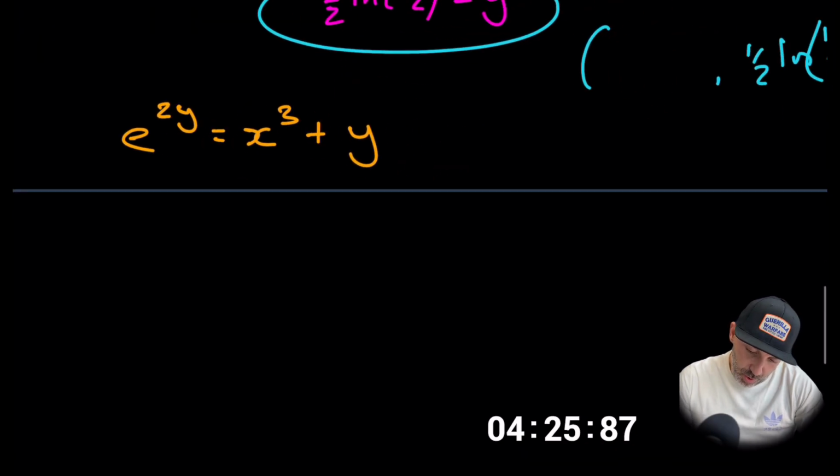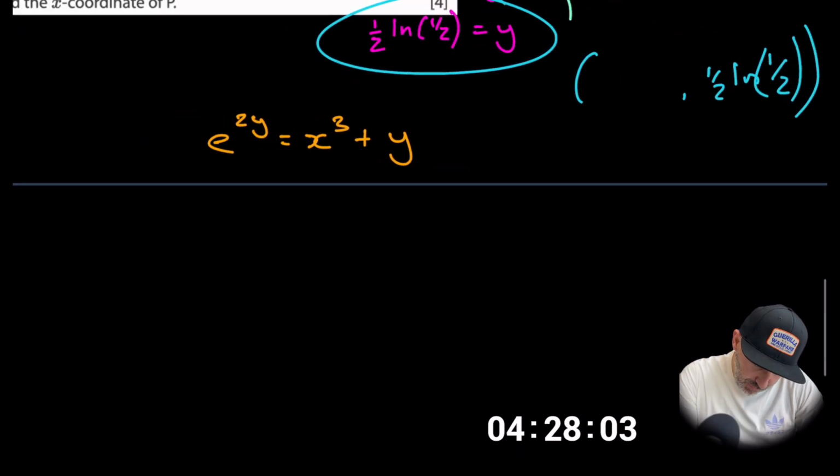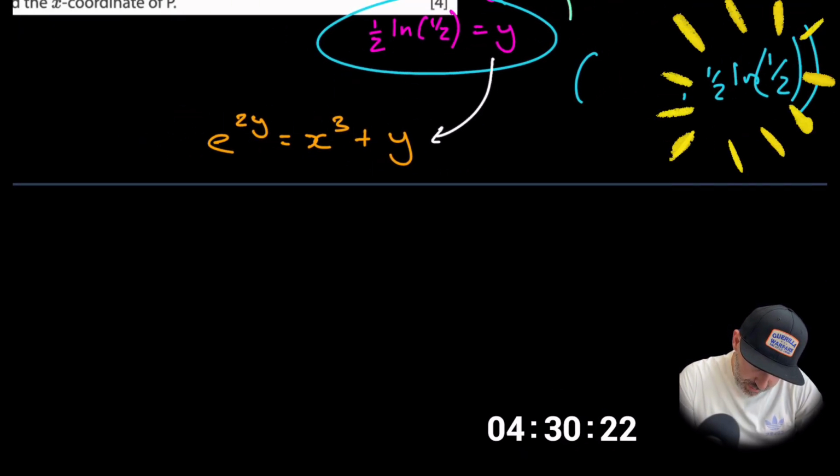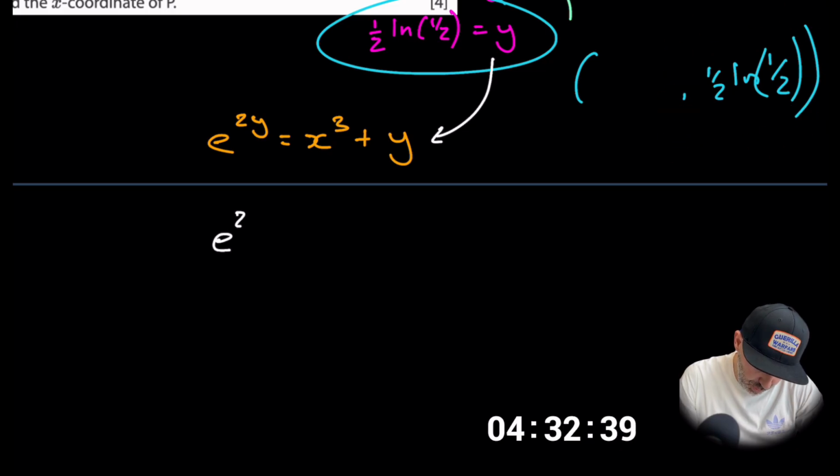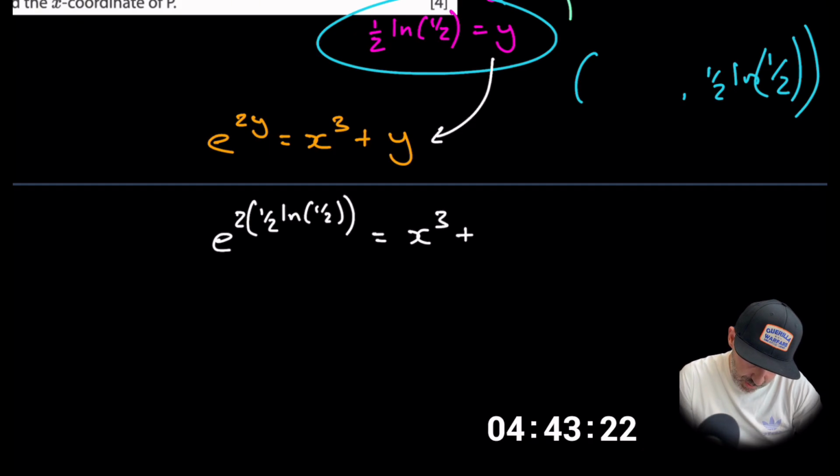So we're going to substitute this value that we just found for y into here. So we have e to the 2, and we need to put that in now, natural log half, is equal to x cubed, and then plus this half natural log half there.